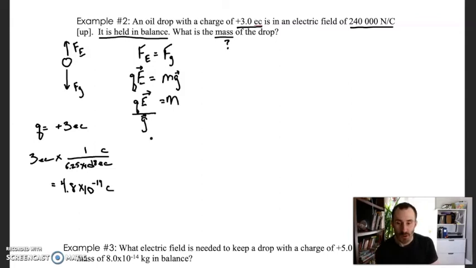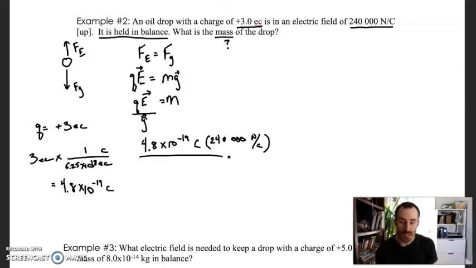So now we're just going to put all our numbers in here. So Q is 4.8 times 10 to the negative 19 coulombs. E is 240,000 newtons per coulomb.